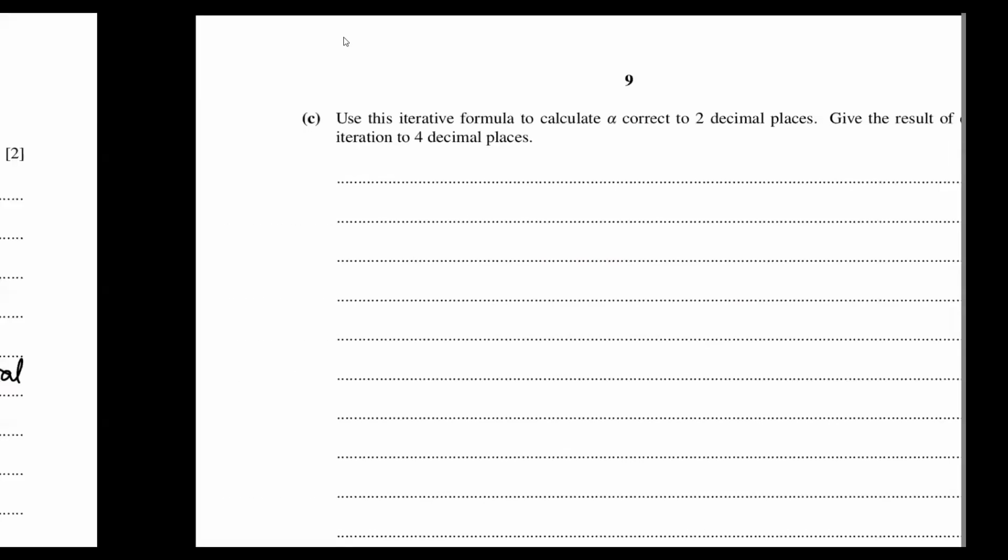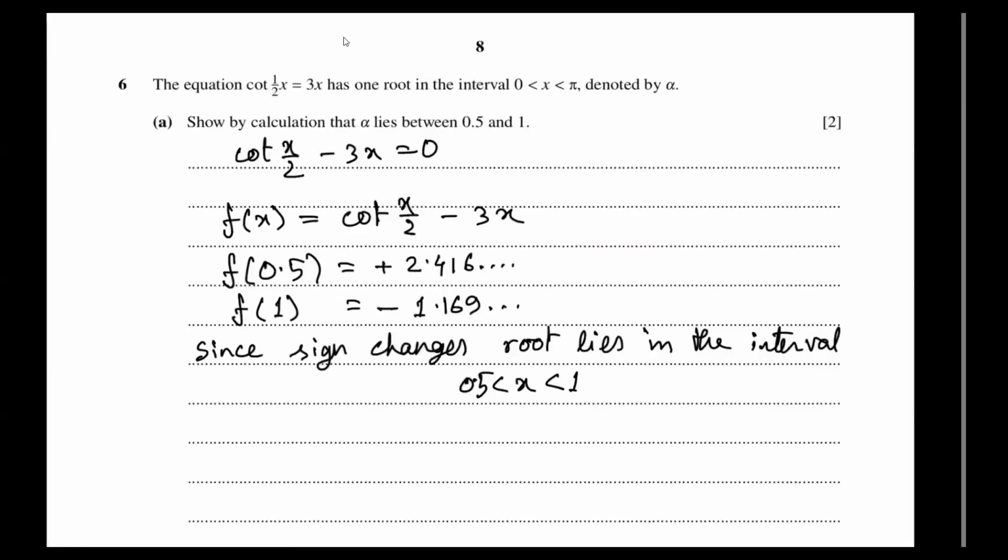Normally, whenever the interval is given, we consider the midpoint of this interval as the starting approximation, the starting value of x. So let's first write down the iterative formula.